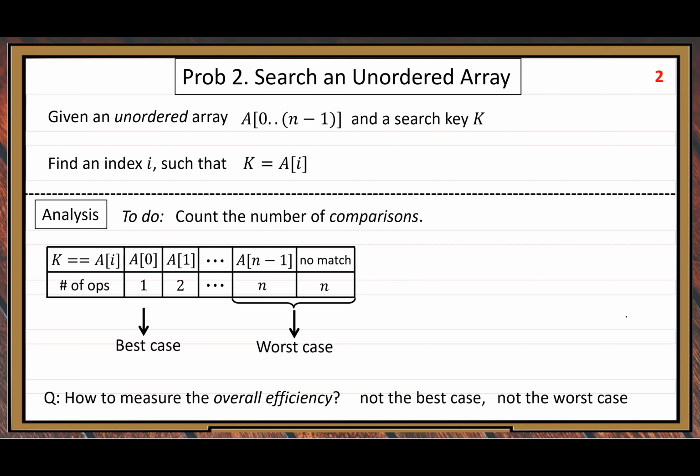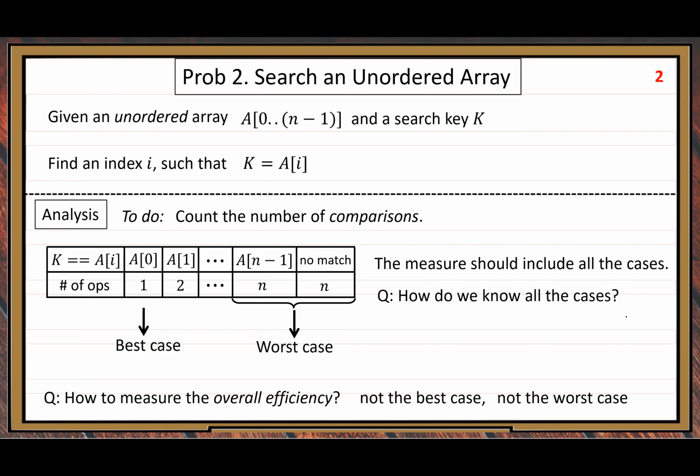We need to put a lot of emphasis here on the average case efficiency, that concept. The measure should include all the cases. The best case uses only one of the cases, and the worst case also uses only one of the cases. But here you need to consider all the cases, not just one case. So that should be the average case efficiency.